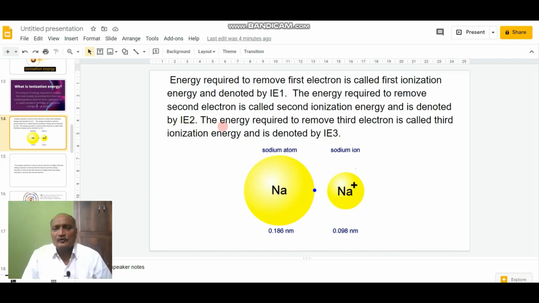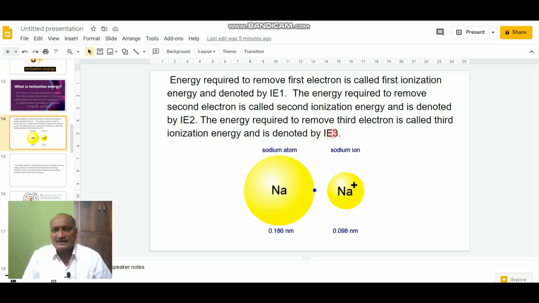Then the amount of energy required to remove the third electron is called the third ionization energy, denoted by IE3. So IE1 is the energy required to remove the first electron from an isolated gaseous atom or ion, IE2 is for the second electron, and IE3 is for the third.